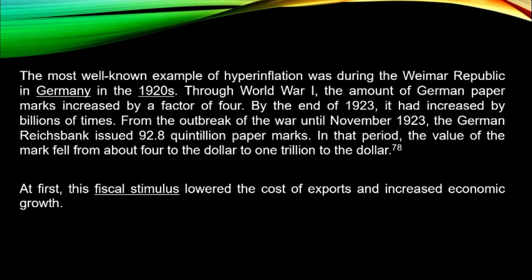From the outbreak of the war until November 1923, Germany issued 9.8 quintillion paper marks. In that period, the value of the mark fell from about 4 to the dollar to 1 trillion to a dollar. At first, the fiscal stimulus lowered the cost of exports and increased economic growth.